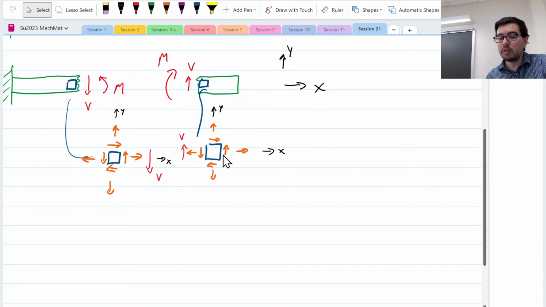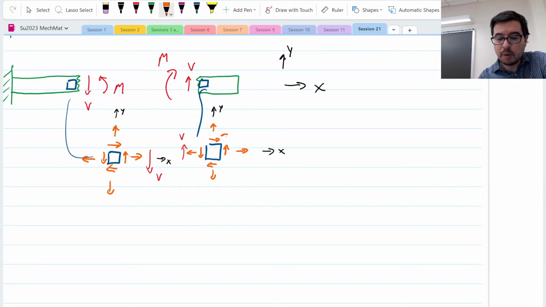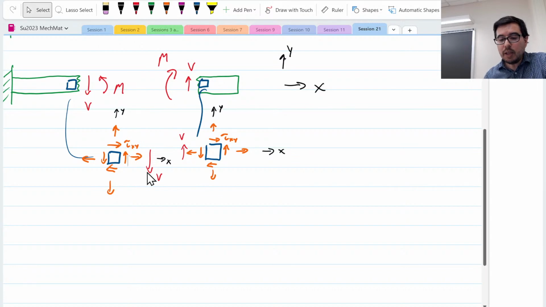These are the defaults. This would be a positive tau xy. This is still a positive tau xy. This V is equal to this V. And if V were positive in this case and V were positive in this case, in both cases, tau xy would end up being negative.